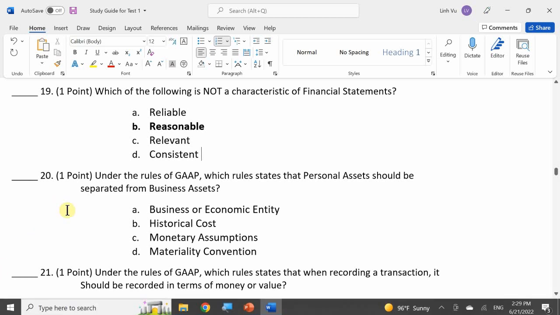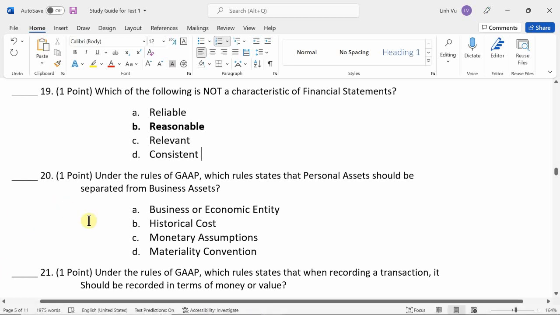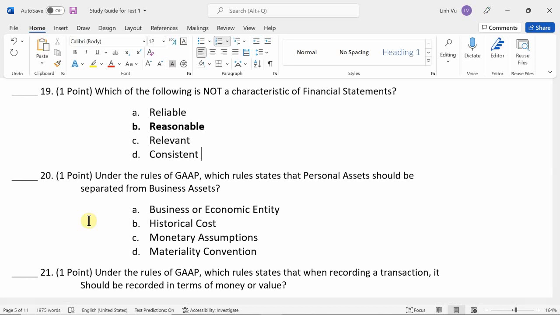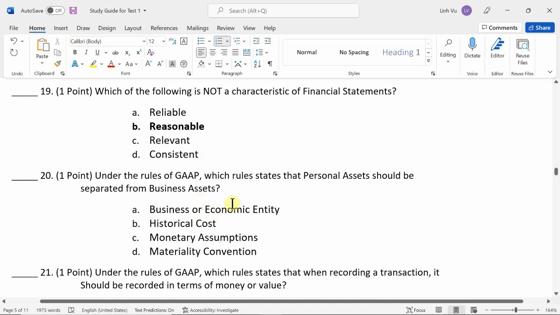Okay, so now we're moving into the rules of GAAP. Under the rules of GAAP, which rule states that personal assets should be separate from business assets? A, the business and economic entity, where you need to separate your personal from your business.